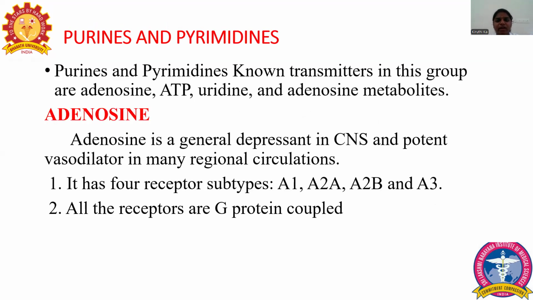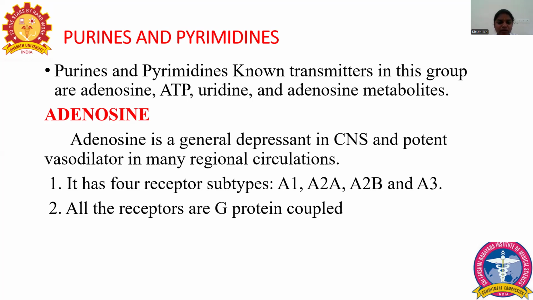Purines and pyrimidines are also neurotransmitters in this group, such as adenosine, ATP, uridine, and adenosine metabolites. First, we'll see adenosine. Adenosine is generally present in the central nervous system and is a potent vasodilator in many regional circulations. It has 4 subtypes of receptors: A1, A2A, A2B, and A3. All these receptors are G protein coupled receptors.